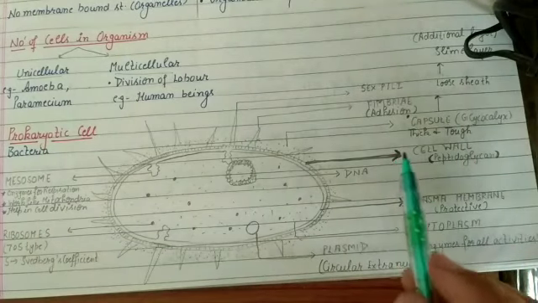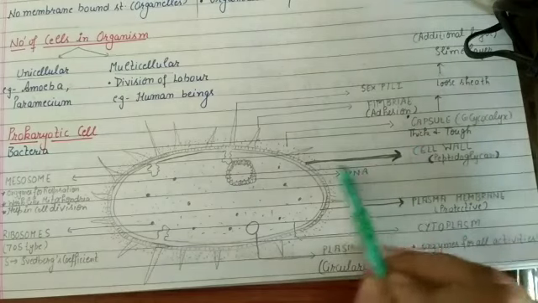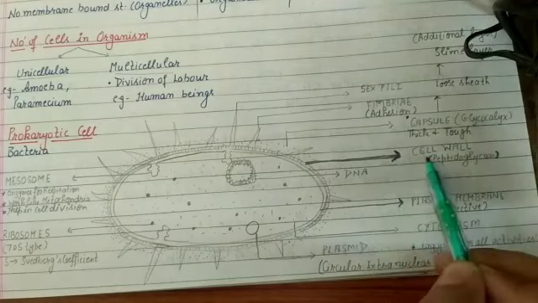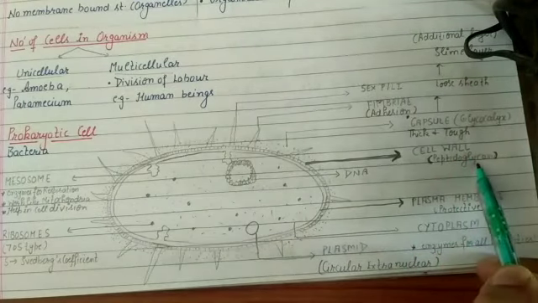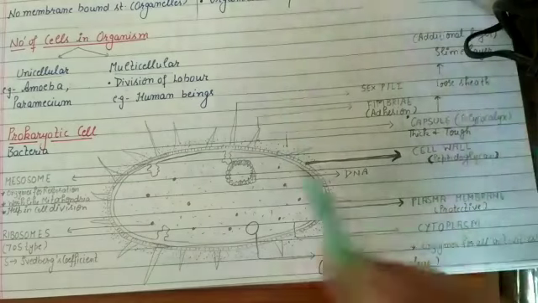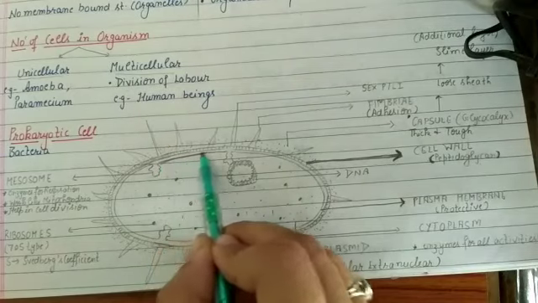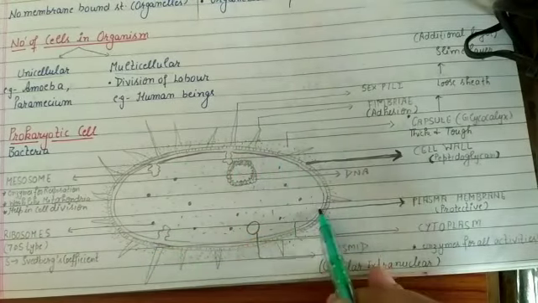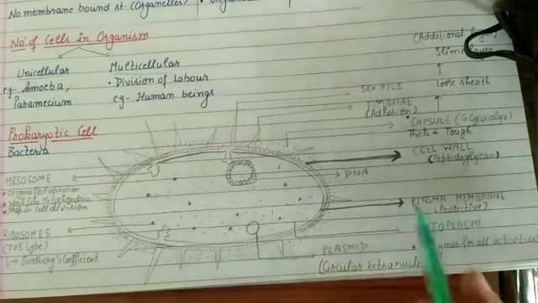Again, I'm repeating, we are discussing the prokaryotic cell. The outermost layer present in a prokaryotic cell is the cell wall, which is made up of peptidoglycan.